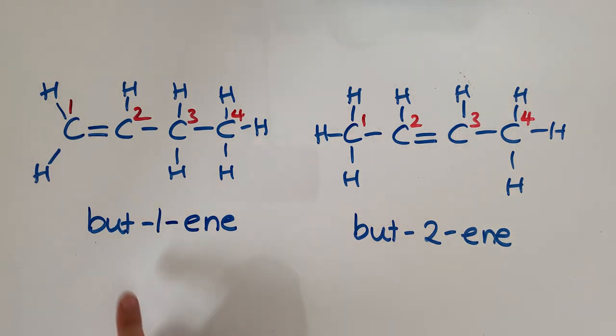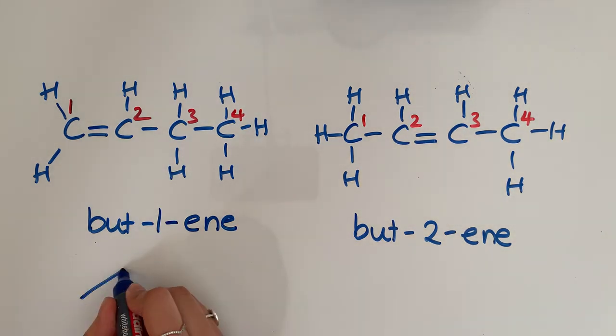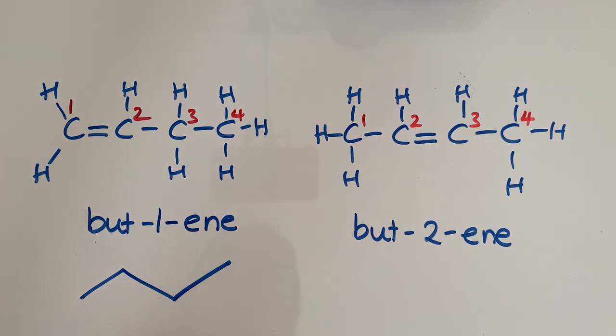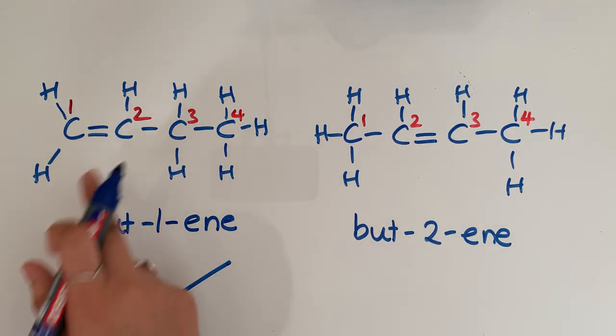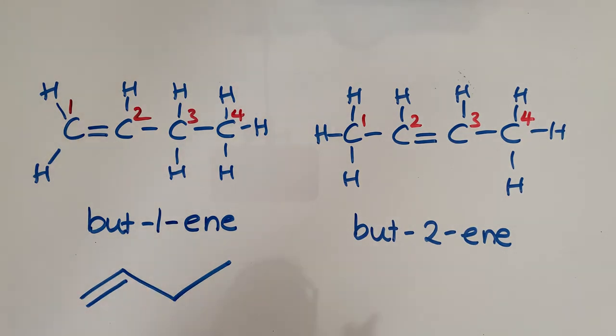If I wanted to show this molecule as the skeletal formula, it's got a butane chain, so it's got 4 carbons, and the double bond falls between carbons 1 and 2. So I draw it like that. This one here, the double bond falls between carbons 2 and 3, so I draw it like that.